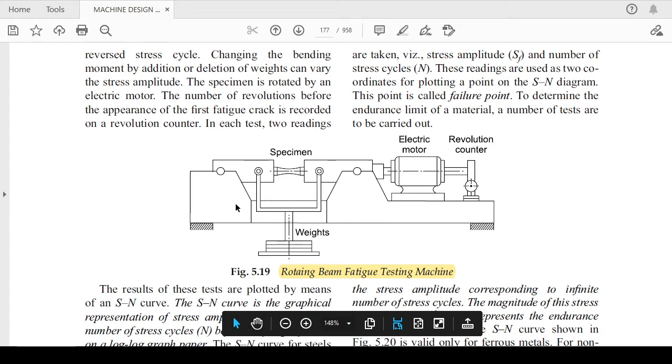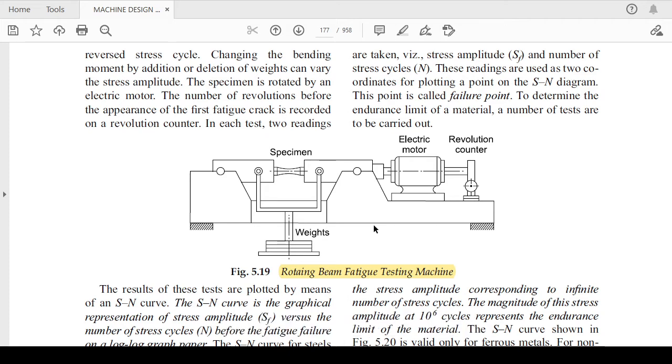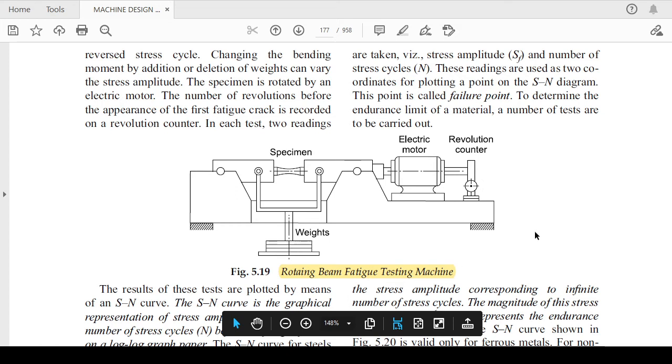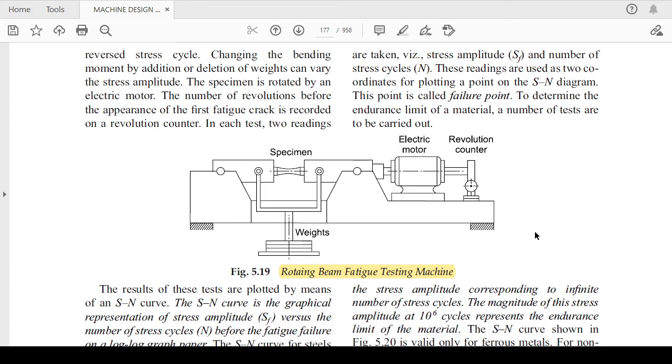This is the fatigue testing machine where you check the fatigue limit, or the number of fatigue cycles or fatigue life, of that particular material by applying the specimen, with an electric motor and a revolution counter to count the number of revolutions or cycles. This machine is the assignment for this topic, so that whenever in the university exam they ask how you can explain or give the practical guidelines for calculation of the number of fatigue cycles, you can go through this rotating beam fatigue testing machine.